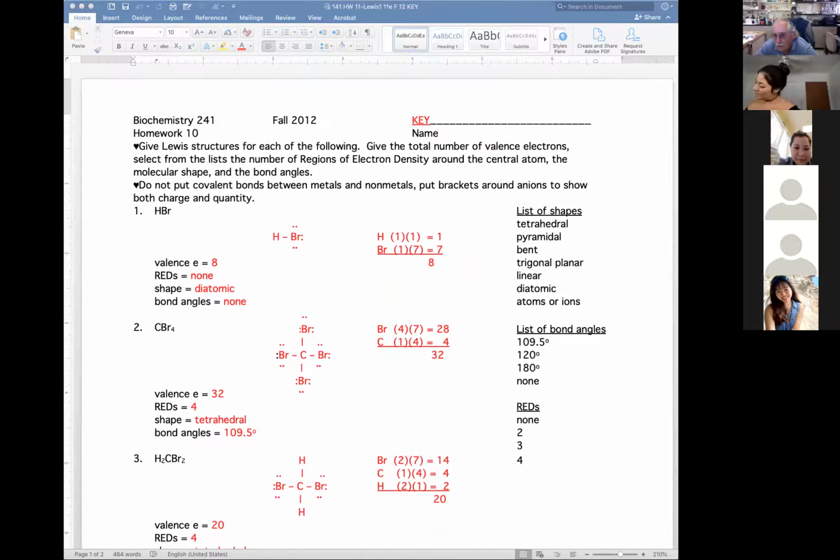Homework 11. That's the ionic bonded molecule that we were confused about.